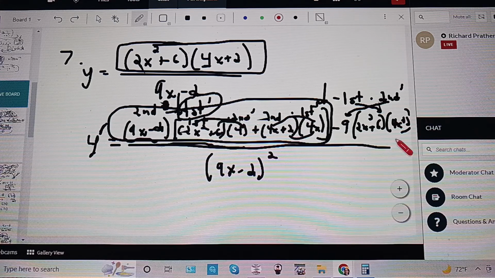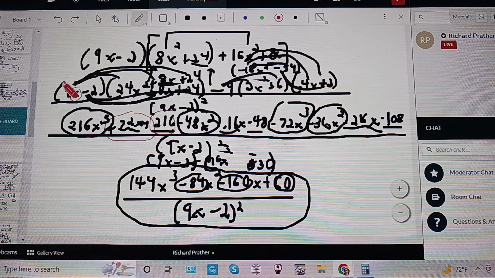I applied the quotient rule, and inside the middle of the quotient rule was a product rule. And then when I started to go to town on the multiplying part, this part right here that had 9x, I was doing a FOIL between 9x minus 2 and this trinomial right here.